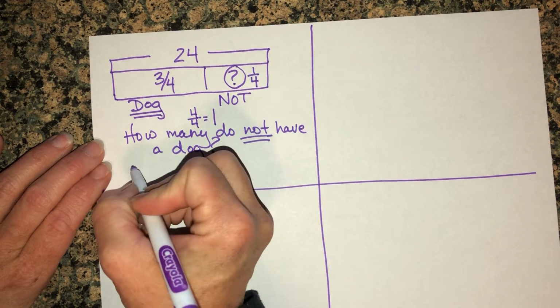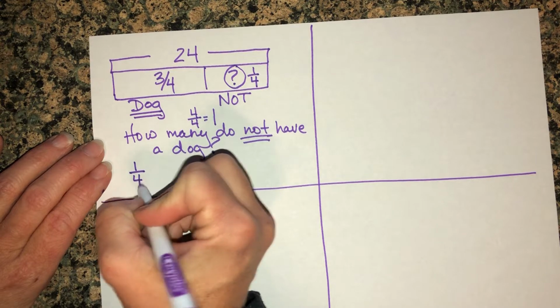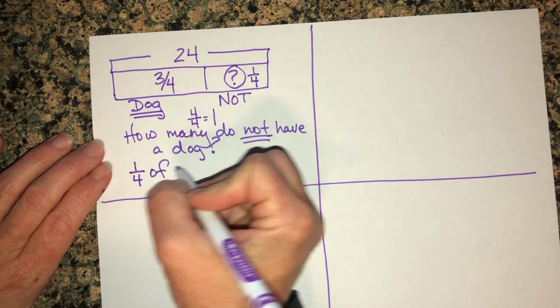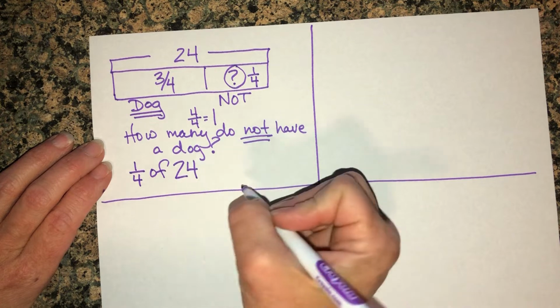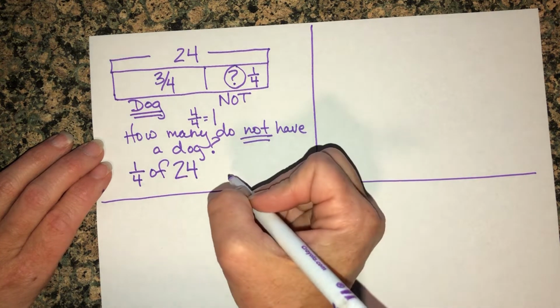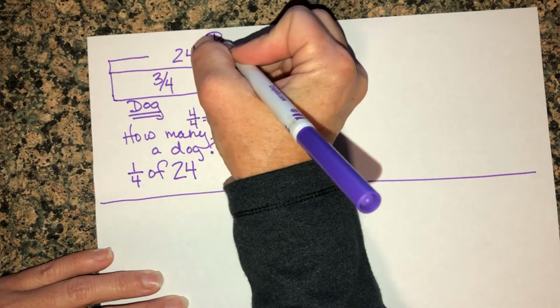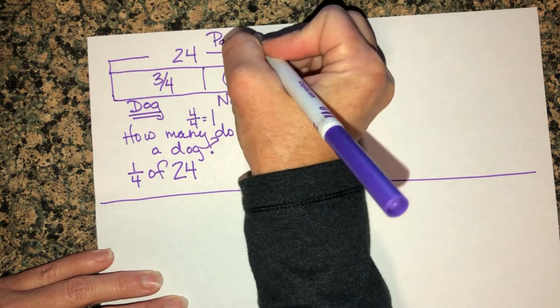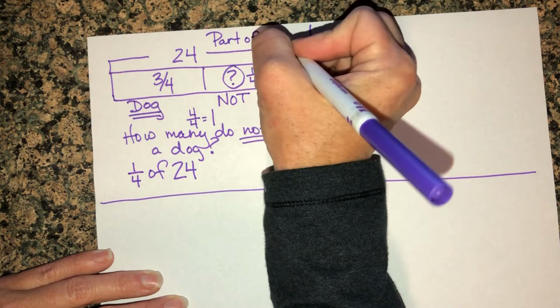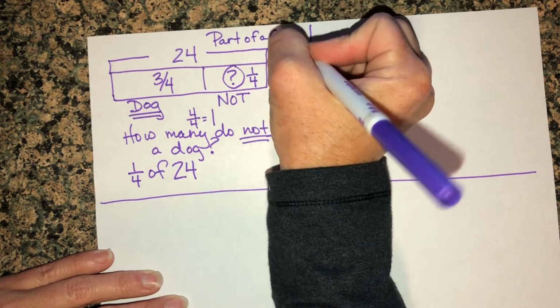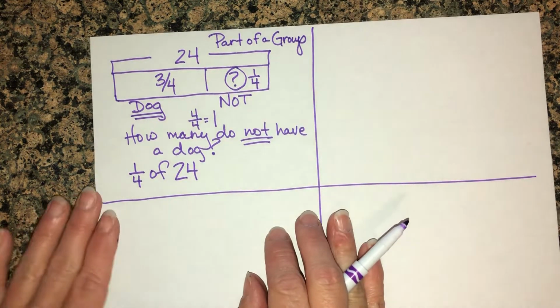So then we're going to figure out what's 1/4 of 24 kids. This part of a group happens a whole lot. Part of a group is a very popular question format. And I mean something that you actually do in real life.